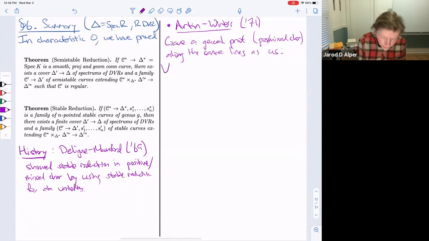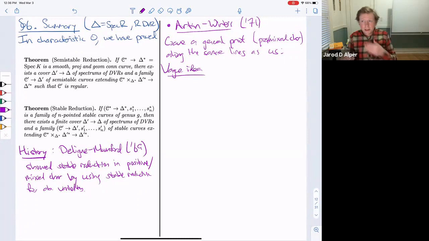Here is just a very vague idea, and I would encourage you to look at their paper, or you can read about this in the Stacks project. There's a very nice exposition there with a much more detailed reference list, including a variety of other articles covering stable reduction.